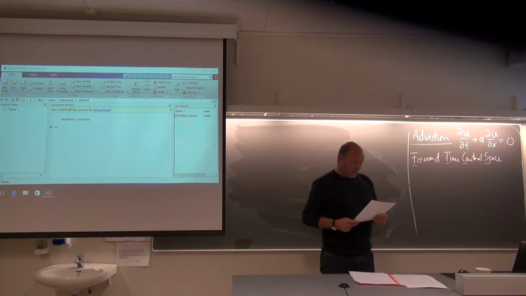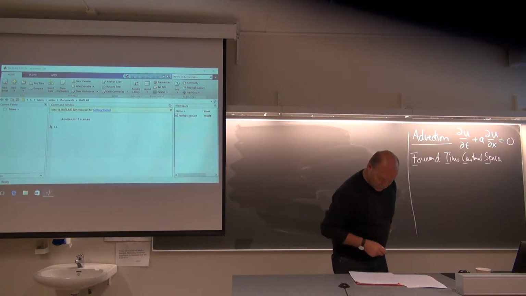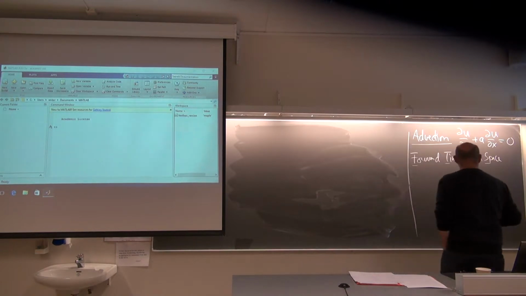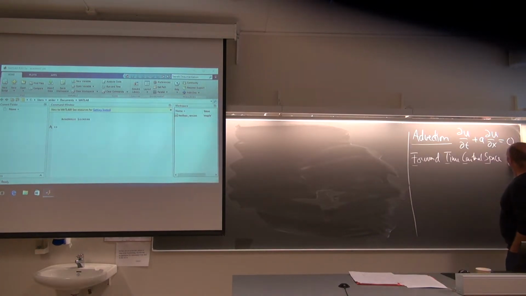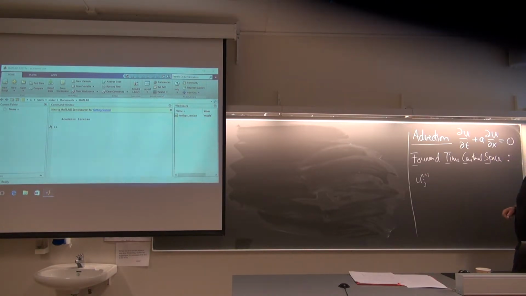Let's see, what did I use here? j and n. For the time derivative, the discrete position will be j, so it's a one-dimensional problem. You only need one space index, but the time is a superscript, so the new time level will be n plus 1.